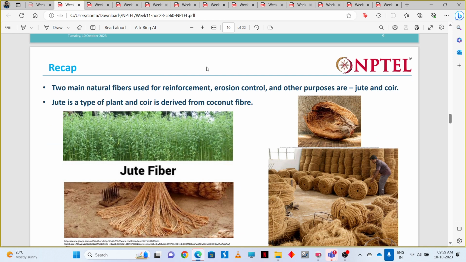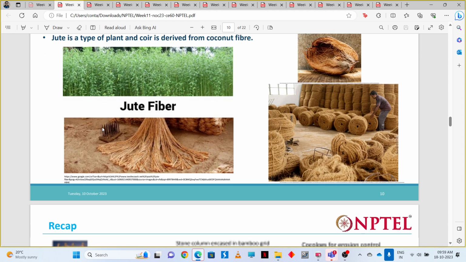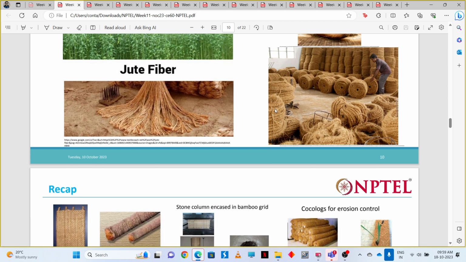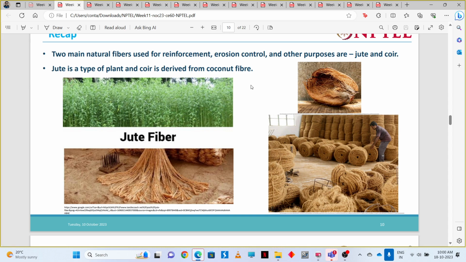Then we saw why natural geosynthetics made of jute fiber or coir are important because of sustainability reasons.